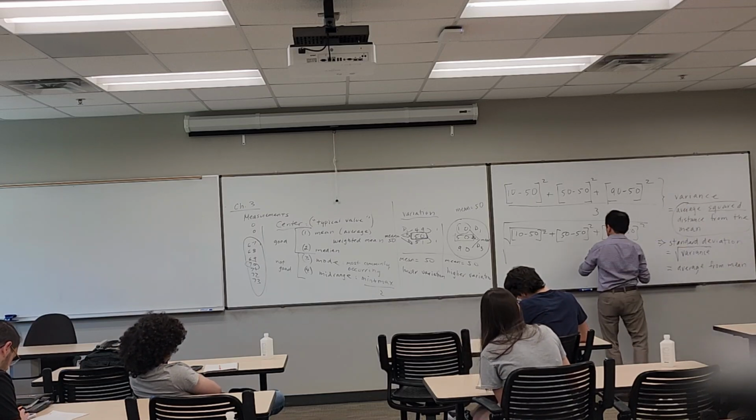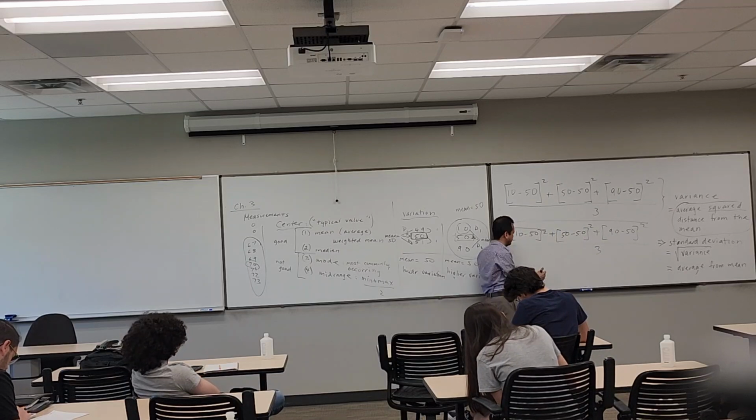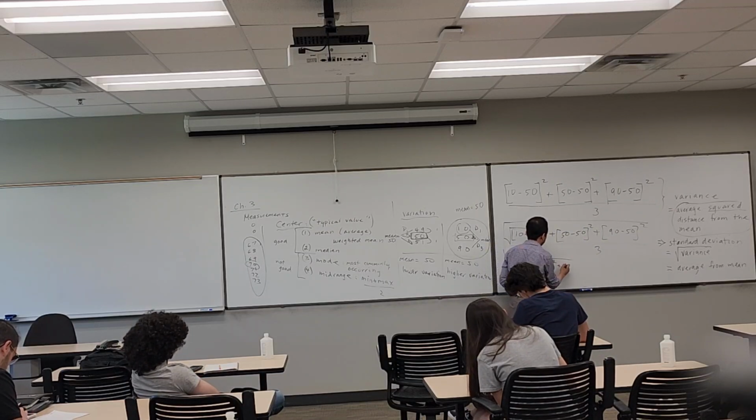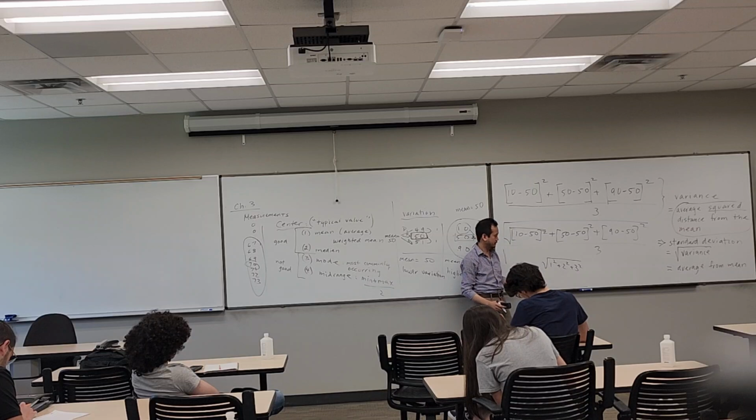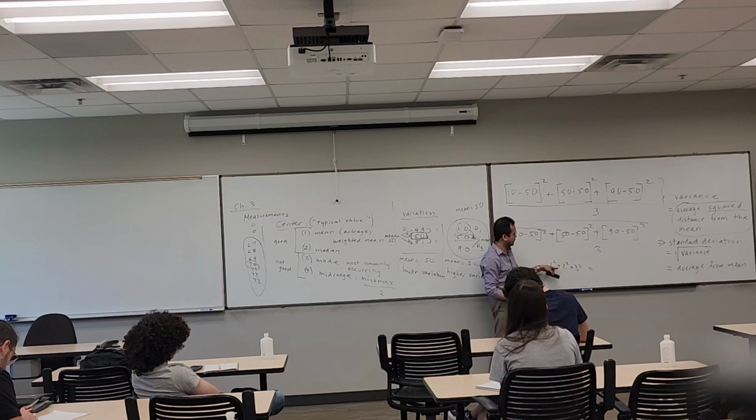So let's just look at some simpler numbers. Let's say this represents the average square distance from the mean.